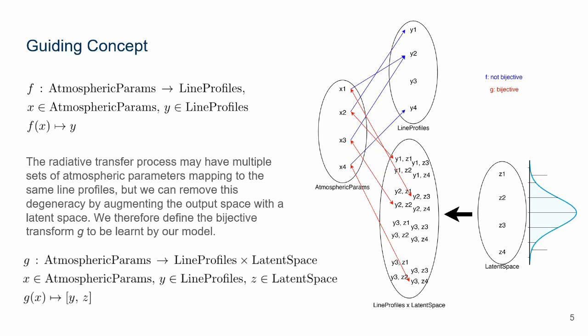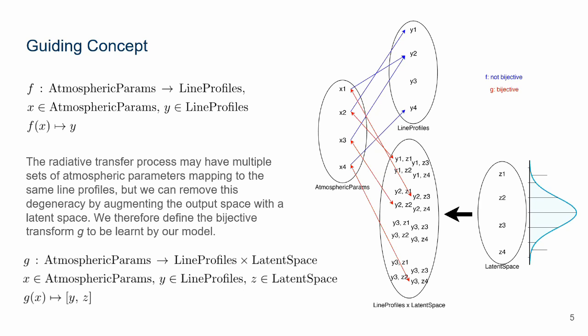And so in that sense, we need to reframe the problem to apply these new machine learning models to it. At the moment, the approach where we're effectively fitting is that we start from some line profiles, and then we start from a guess of the atmosphere, and then we just tune that until we get close enough. And you can't prove that what you found is a unique solution.